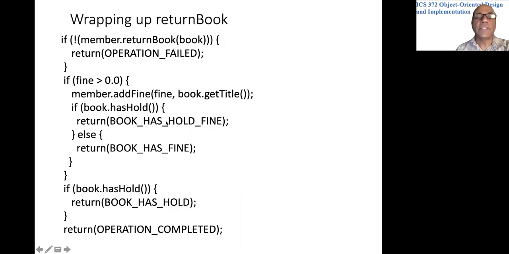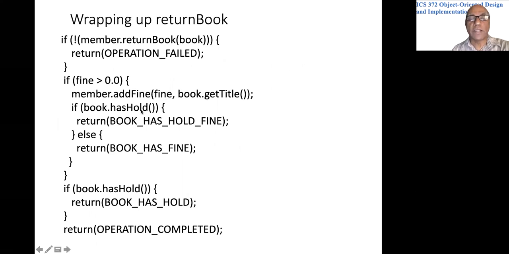Then the final few steps of return book would be calling member.return book as before. And if the fine is more than 0, then add that fine to the member's running total of fines.